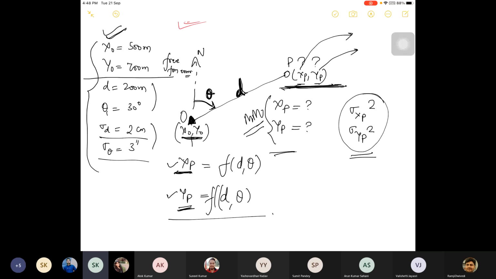X component of... Yes, speak, whosoever it is. Sir, we can take X component and Y component of distance d, assuming X naught Y naught as origin. So how would you write XP? By using Pythagoras, sir.